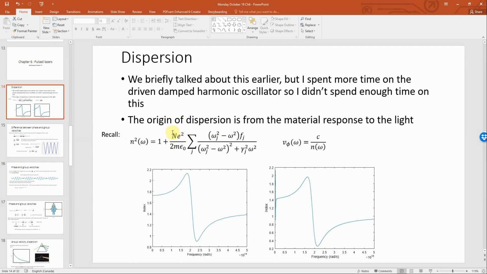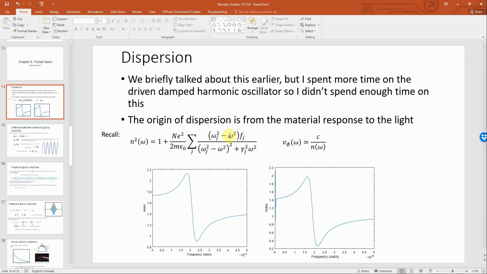So we have the number of atoms or electrons that are absorbing, the electron charge squared over 2 times the mass of the electron times the permittivity of free space. And then we have this F_j, which is just some harmonic oscillator strength. This depends on what transition we're exciting. Some transitions are more likely than others, and that's because of the wavelength-dependent strength of the oscillators.